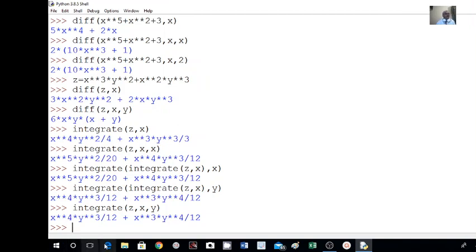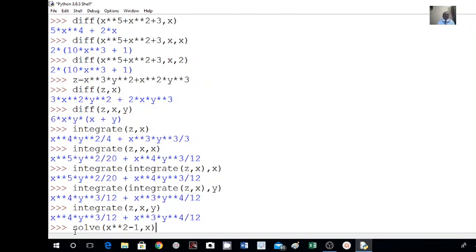Next we go for another command, solve, open bracket x square minus 1 comma x.